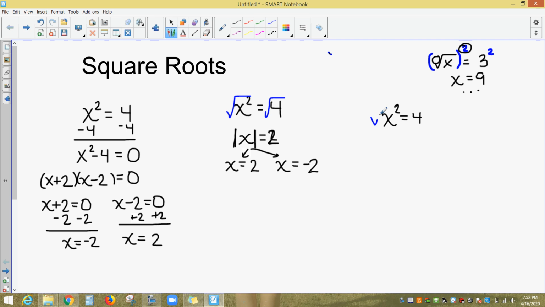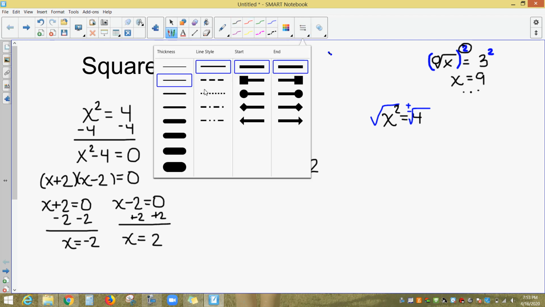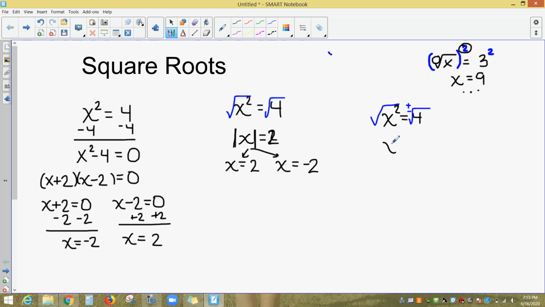But if you'd rather, if you are the person that puts the square root into the problem yourself, then instead of writing the absolute value step in there, you can call the square root of x squared just plain old x, as long as you put a little plus or minus out in front of the square root on the right side. That means positive 2 and negative 2 are the two solutions for that equation.